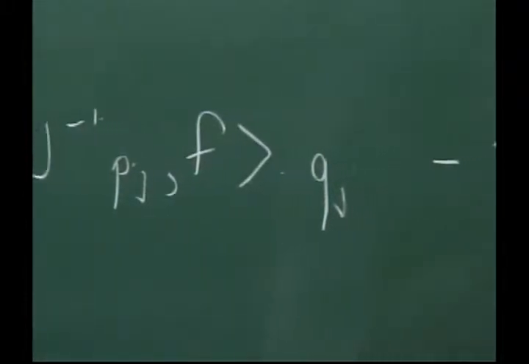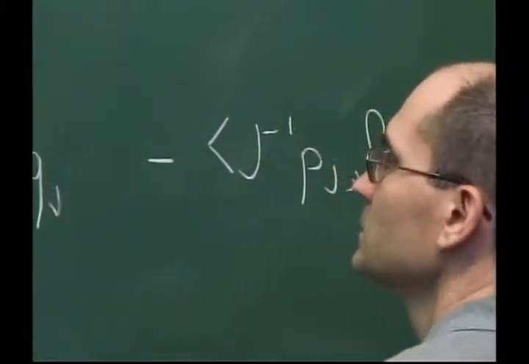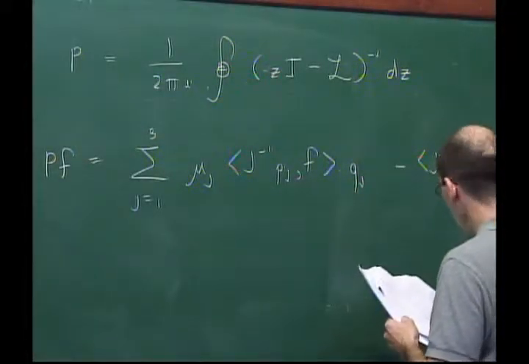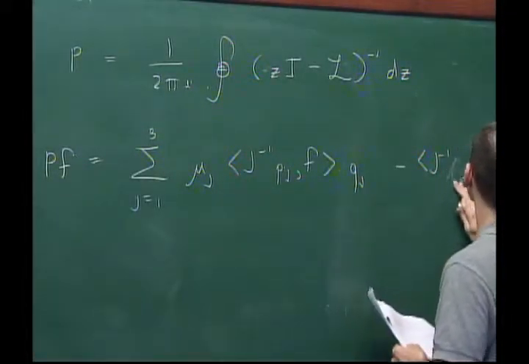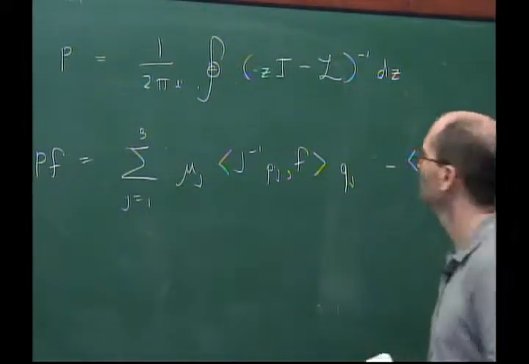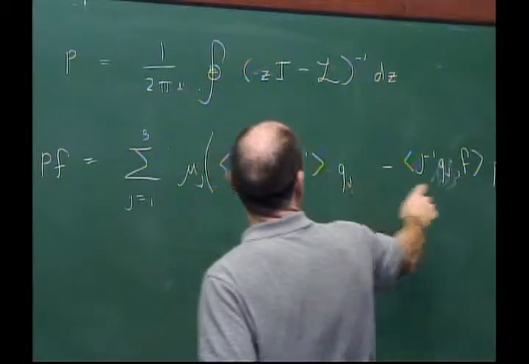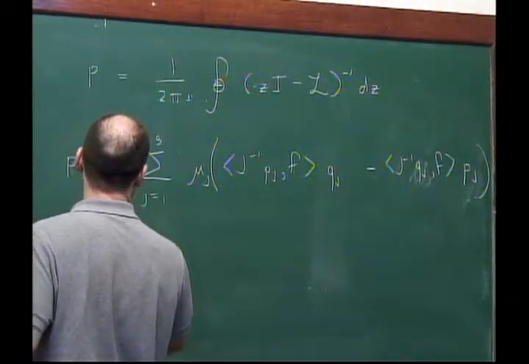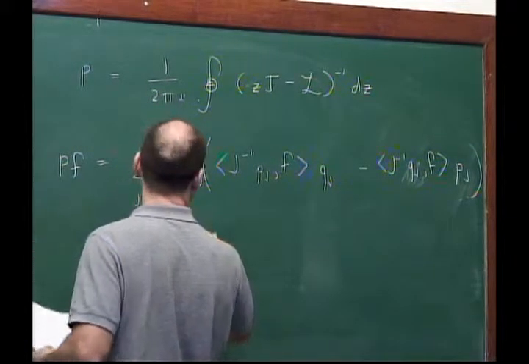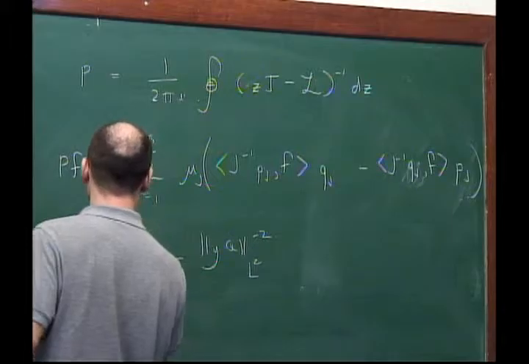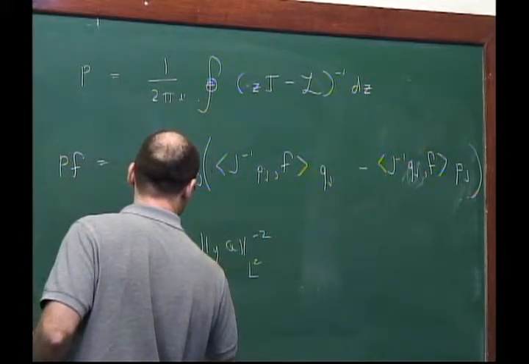I'm sorry. Yeah, that's it. That's right. Now, that's a typo. So qj. And the mu's are just normalizations, so mu1 equals mu2 is the reciprocal of that. And mu3 is the reciprocal of this.